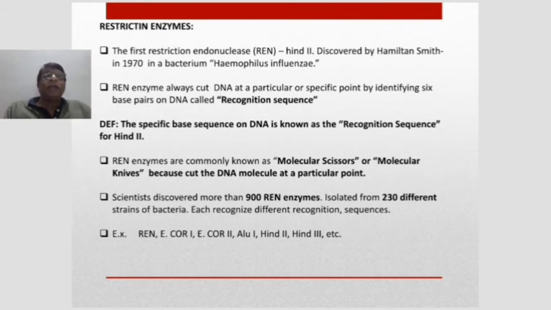Restriction endonuclease enzymes always cut the DNA molecule at a particular or specific point on the DNA molecule by identifying 6 base pairs on DNA.